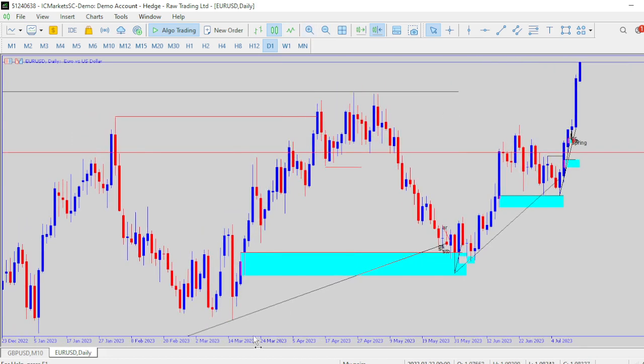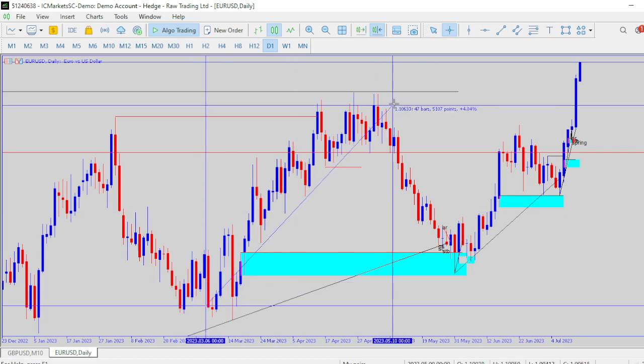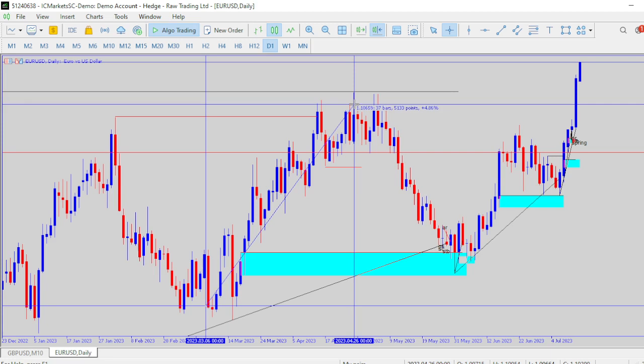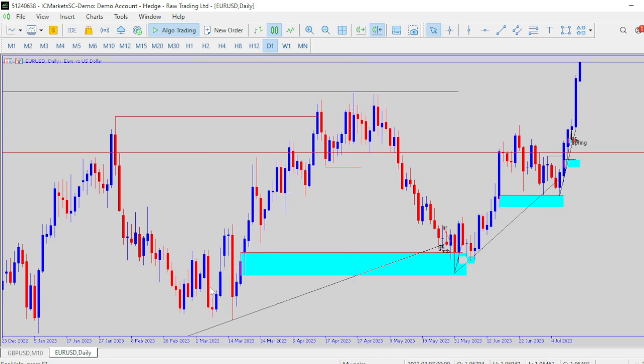You see, this is a much higher time frame, a 4-hour internal structure, which actually took 37 days to complete, to create a new higher high. It's a 4-hour pro-trend internal structure.